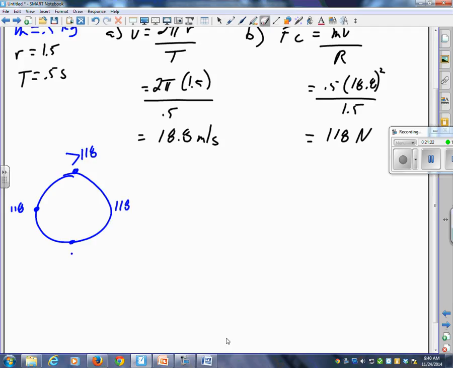Hang on. Am I right? Let's come back to that. We'll fill it in after. The net force has to be enough to maintain UCM.